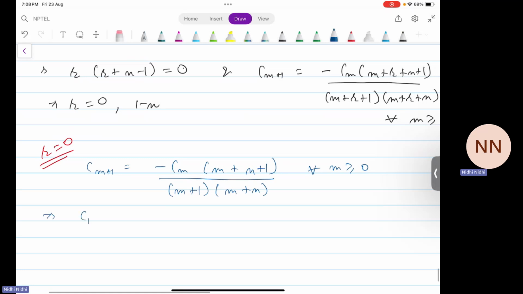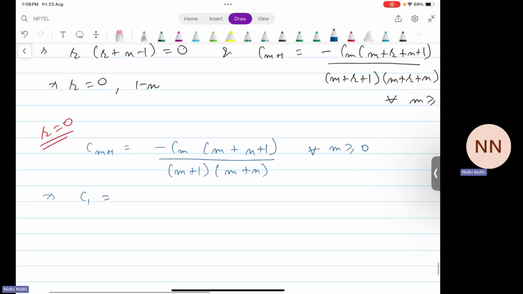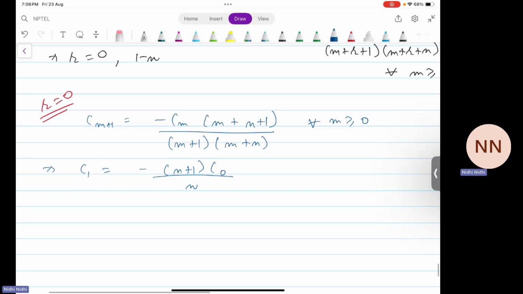This gives us that C1 is equal to minus n plus 1 C naught by n. C2 is equal to minus C1 n plus 2 by 2 times n plus 1.